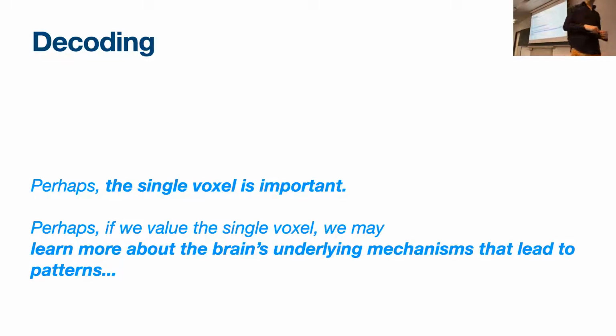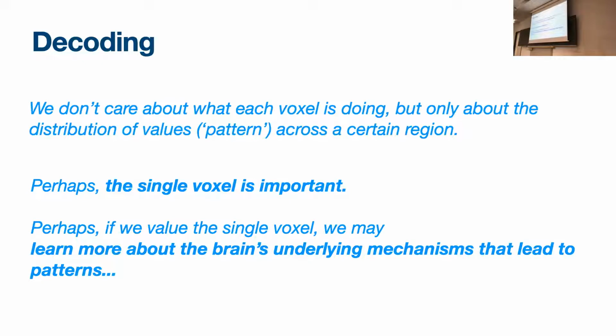I want to contend that we should be more interested in the single voxel. I think I switched these around. Yeah. So in the first, this pattern classification instance, it's just the distribution of values, the pattern across voxels that we're interested in, right? But what I'm going to talk about from this point onward is that we really want to try to understand what's happening inside every single voxel. Yeah.